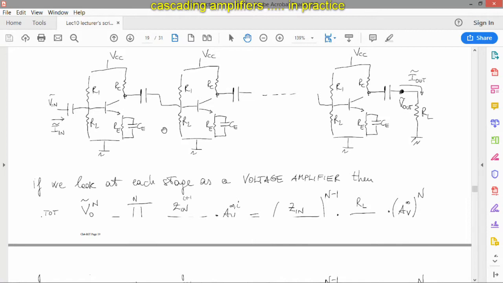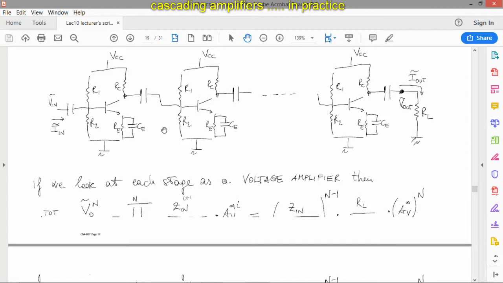And put a capacitor between each stage and the other, and you get the cascade of them. Obviously, the cascade of these N amplifiers will obey the concepts we've just gone through generally when we cascade amplifiers.